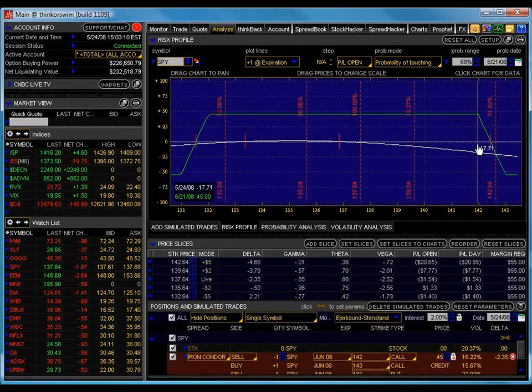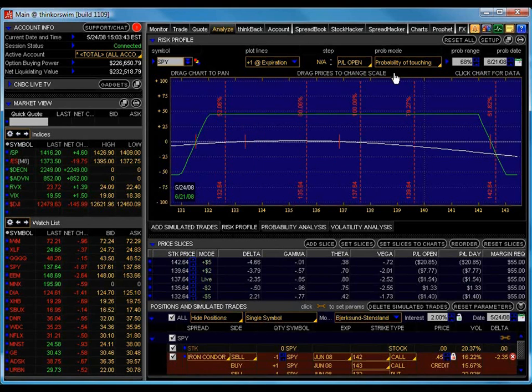There's approximately a 50% chance that it's going to touch, because we're at 51.8 here, that we're going to touch this 142 strike price. And on the downside, there's also a 50% chance that we're going to touch the 132 strike price, which is the maximum amount of profit that we can make in this position at expiration.